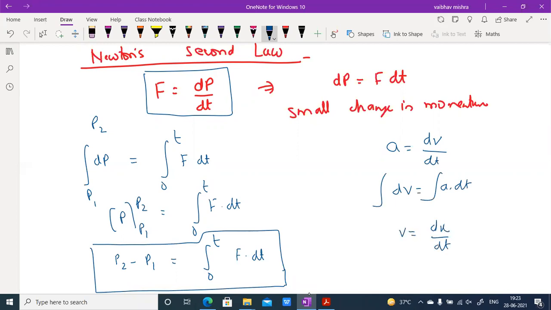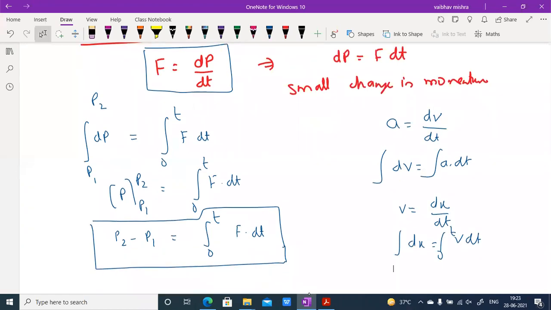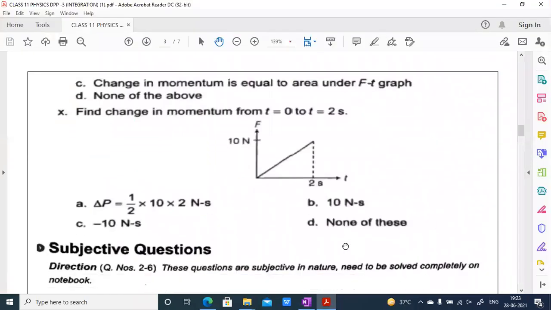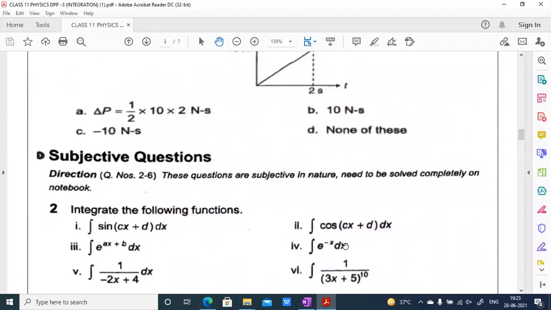If we have to calculate displacement, we have to integrate velocity over time. Like that. So in physics, you have to figure out whether it is a differentiation question or an integration question, and that will depend upon which quantity you have to calculate. We will see such questions in every chapter, but first we are here to understand how to integrate.